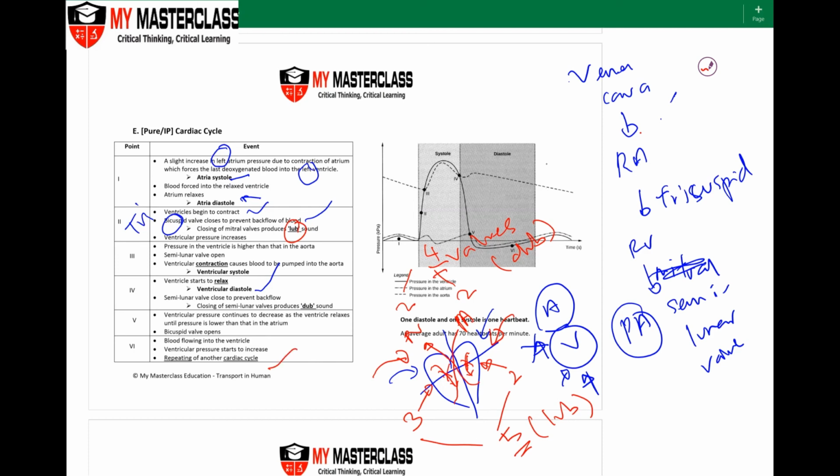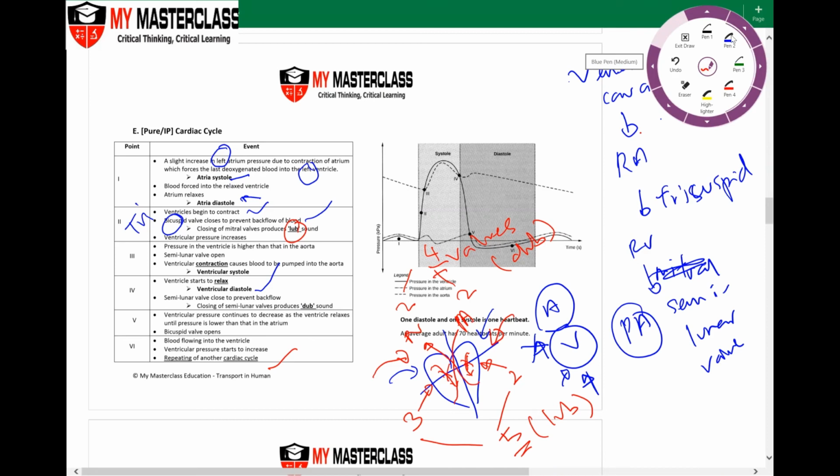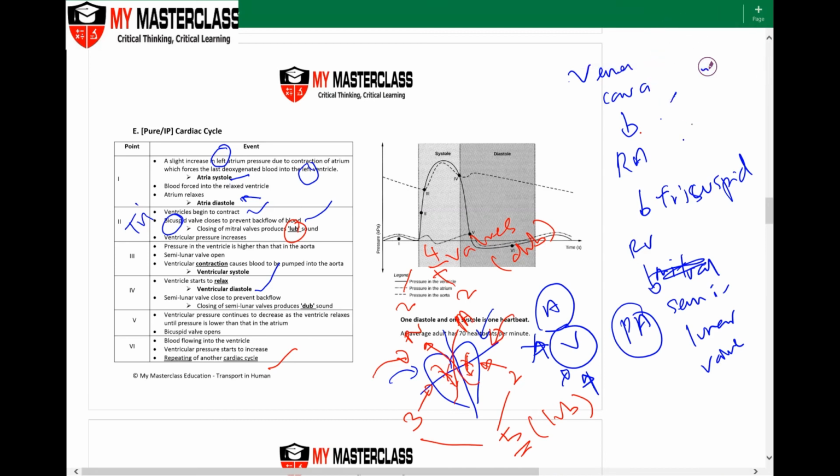When you go for your blood pressure testing at the clinic, you realize they have a blood pressure reading, right? The top number is always the larger number, which is the systole number, and the bottom number is the diastole number. Now you understand that the systole is measuring the contraction, whereas the diastole is measuring the relaxation.